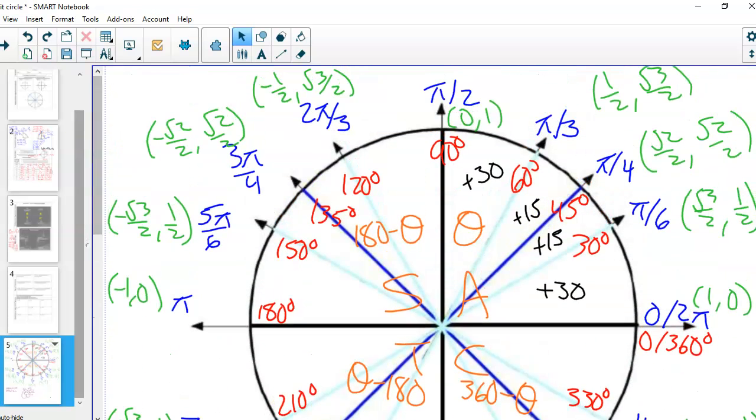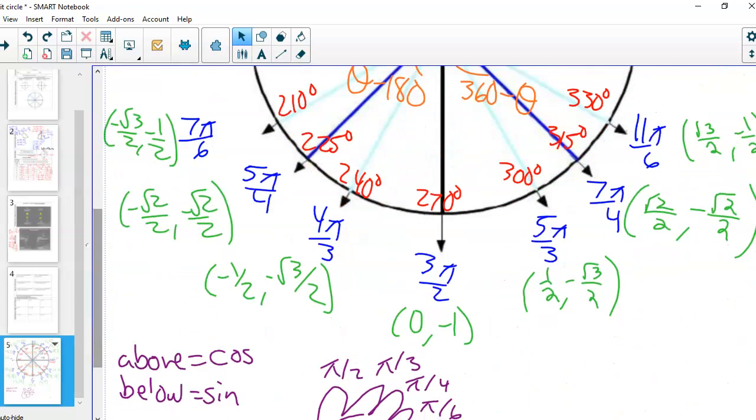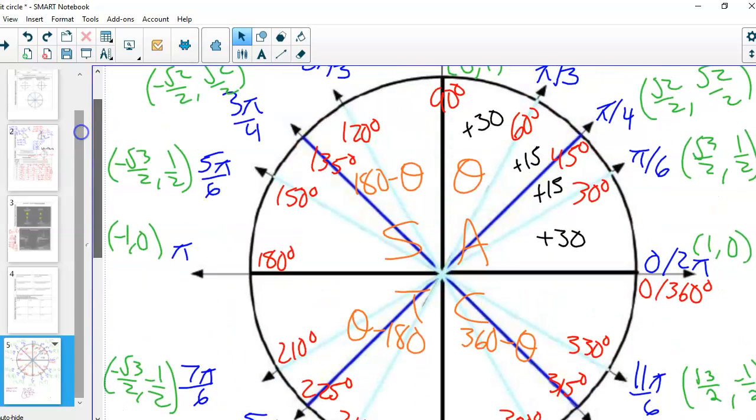In 2s, it'd be 1 pi over 2, 2 pi over 2, 3 pi over 2, 4 pi over 2. And then in pi's, it'd just be pi, 2 pi. Any others?